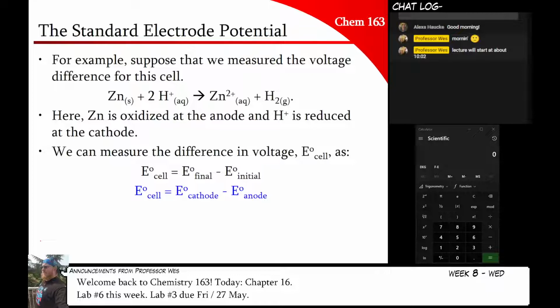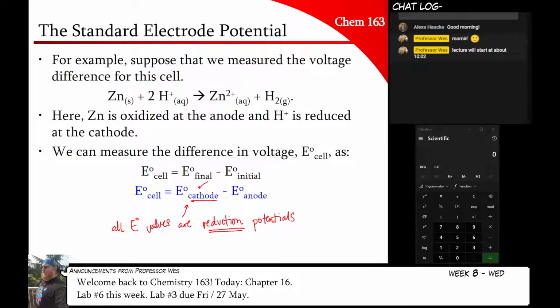Now, there is a reason that we do it this way. The reason is that all of the numbers that we're going to be putting in here are going to be reduction potentials. Now, reduction occurs at the cathode, so that checks out.